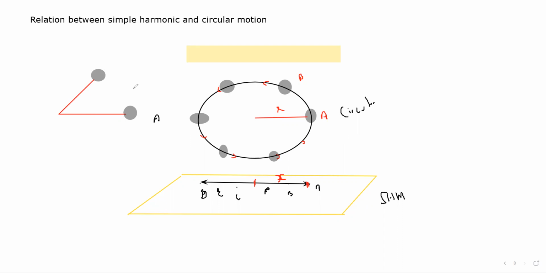This was a starting point A, and now this is a new position B. This one is R. If it changes angle, so theta, this will be R as well.